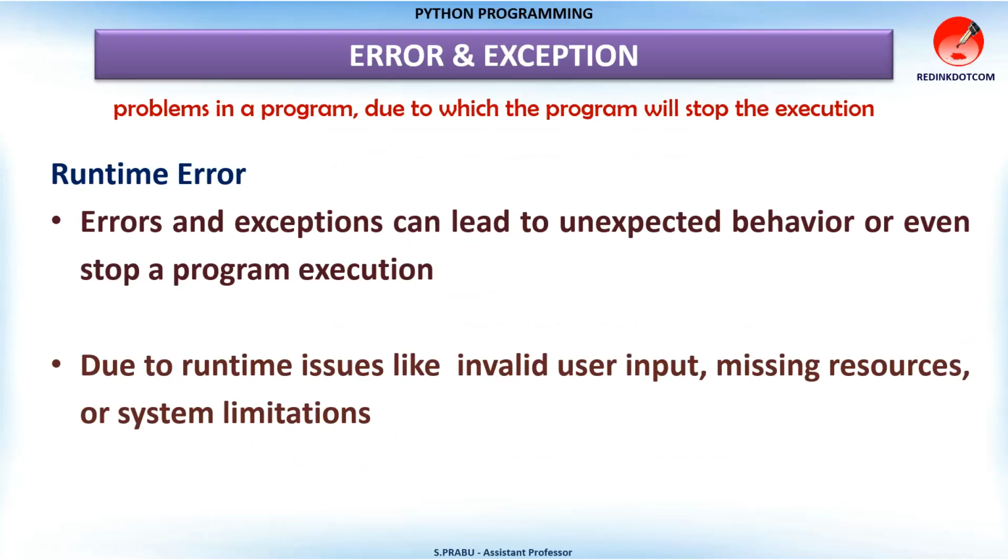Errors and exceptions are runtime issues that occur when a program encounters conditions it cannot handle, such as invalid user input, missing resources, or system limitations. These issues can disturb the program's normal flow and can force the program to terminate suddenly.